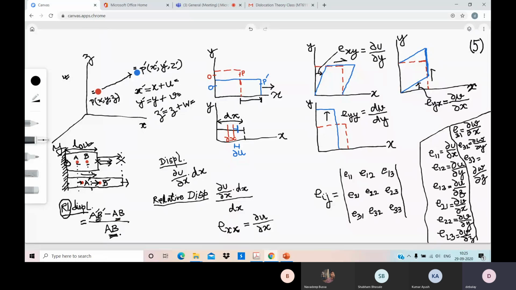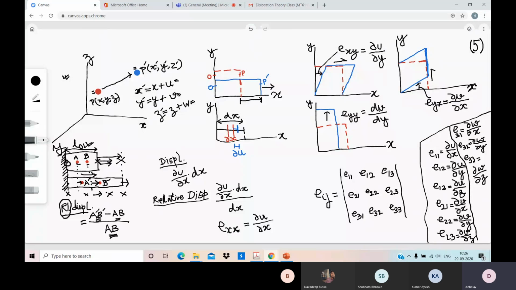And one more important thing is, the more you move towards the x direction, along the longitudinal direction, you will find points are moving more and more.